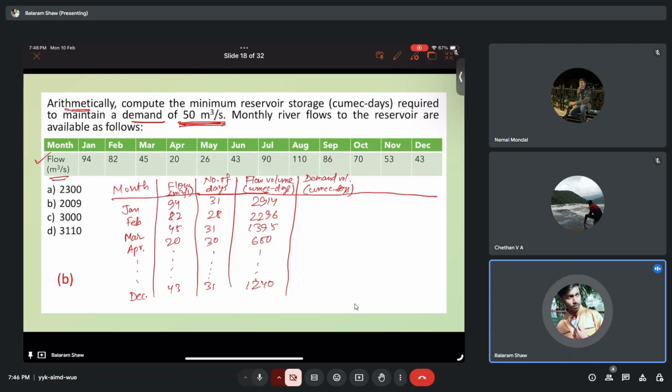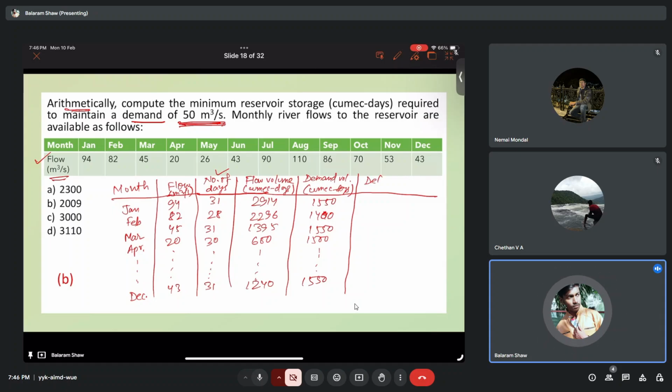Just multiply this 50 with the number of days. So 50 into 31 will be 1550. 50 into 28 will be 1400. And again 1550, and so on.